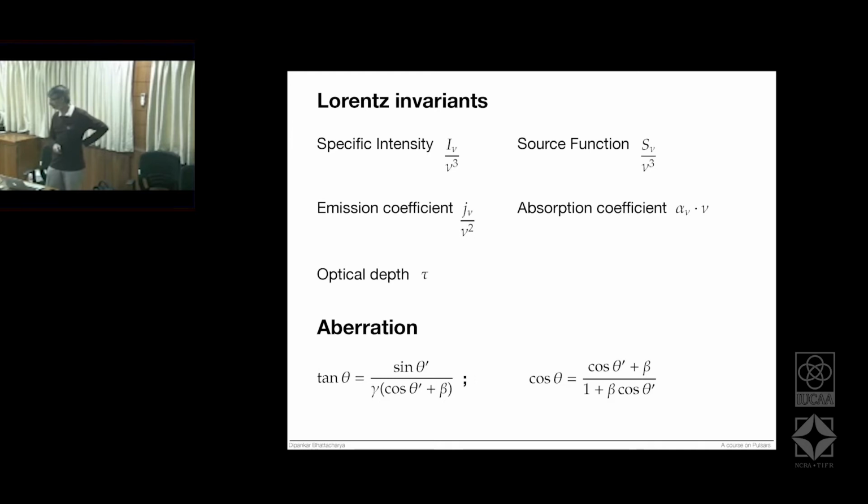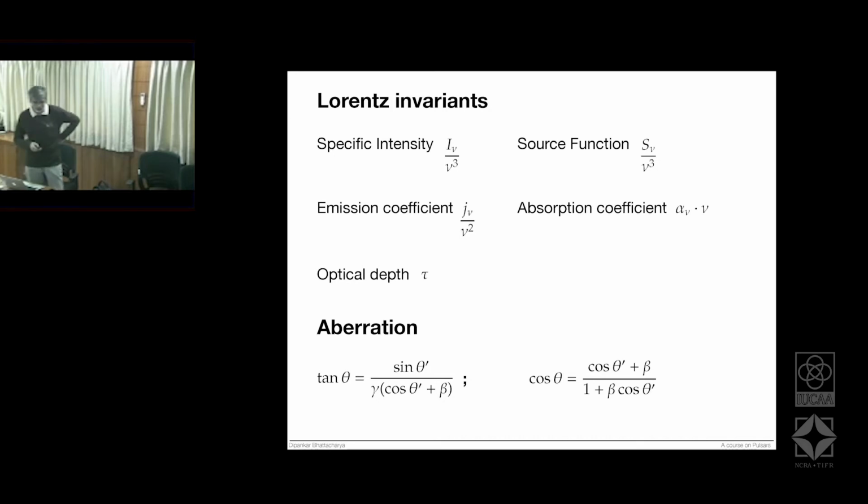If theta prime is pi by 2, then theta will become nearly 1 by gamma. Because here you put theta prime equal to pi by 2, this becomes 1, this becomes 0. So tan theta is 1 by gamma beta.